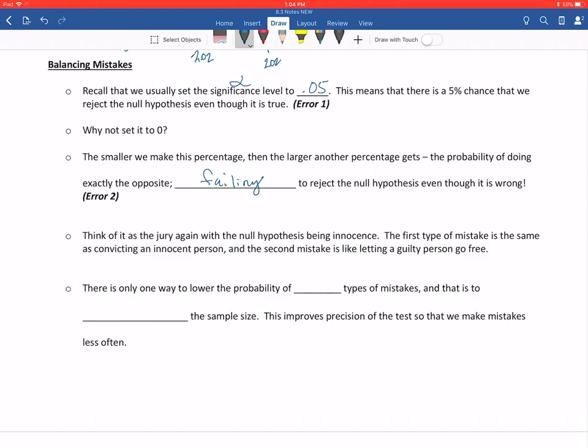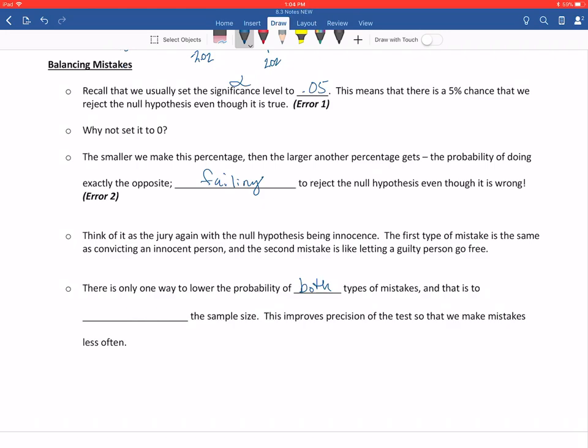Think of this as the jury analogy, where the null hypothesis is innocence. The first type of mistake is the same as convicting an innocent person, and the second mistake is letting a guilty person go free. Clearly neither of these is a good thing, and in general you really can't lower one without raising the other.